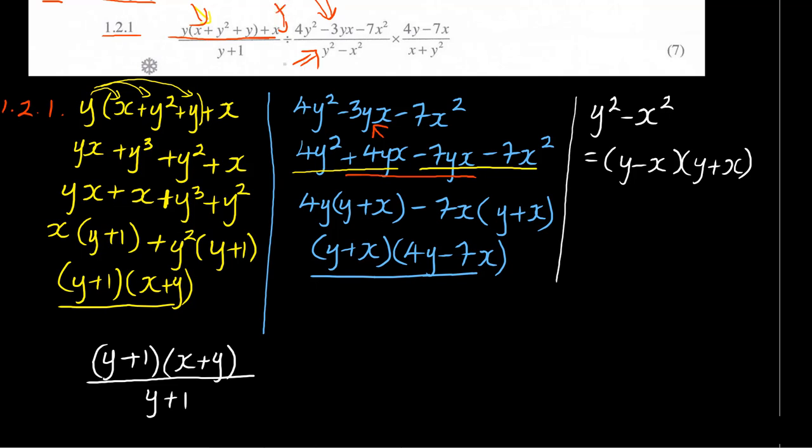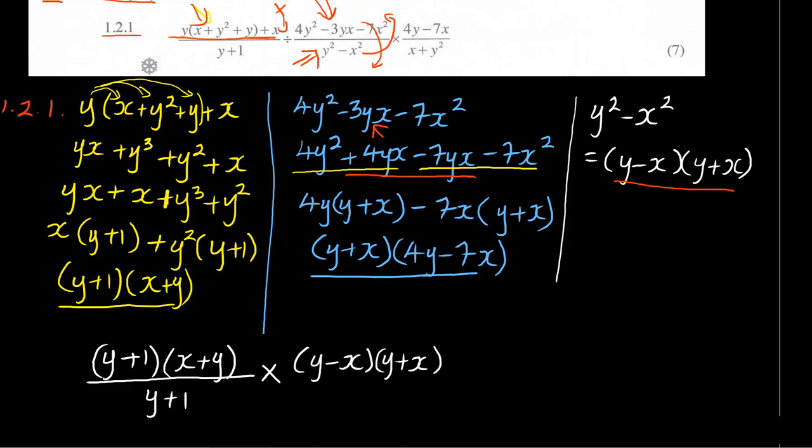When you change the division sign into a multiplication sign, the denominator, which is y squared minus x squared, will go to the top, and the numerator will go to the bottom. So this is our denominator, it is going to the top, with a multiplication sign, and I'm having the y minus x on top and the y plus x on top.